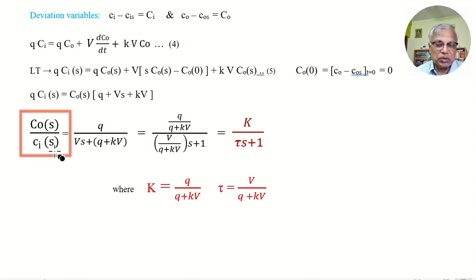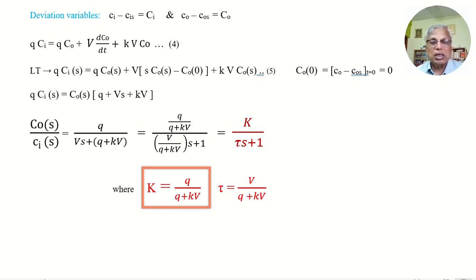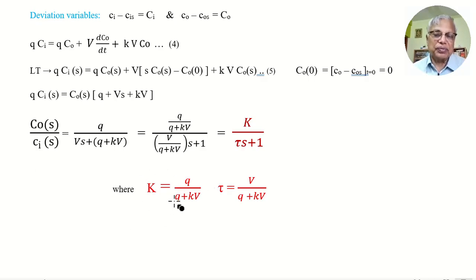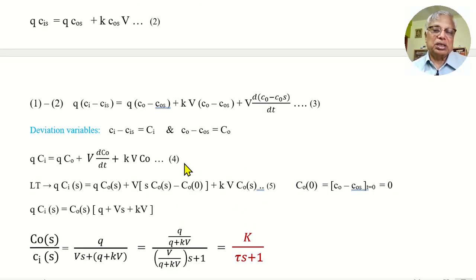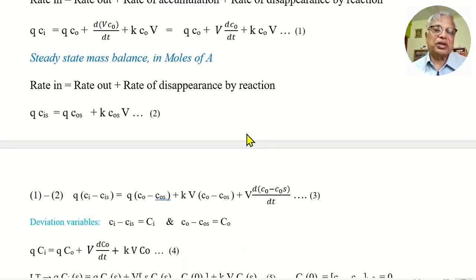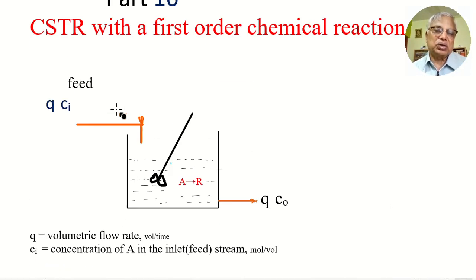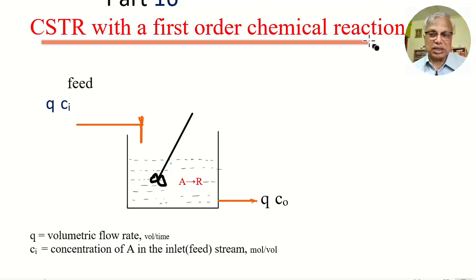The numerator and denominator have the same units, so the net dimension of C naught by Ci is nil. So K has no dimension. So this is a first order transfer function representing the process of a mixed flow reactor or CSTR with a first order chemical reaction.